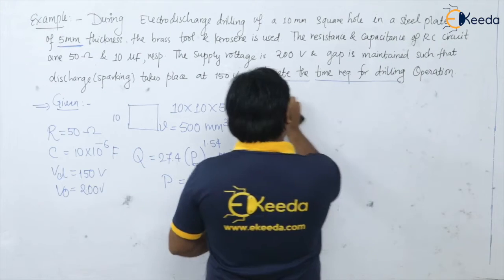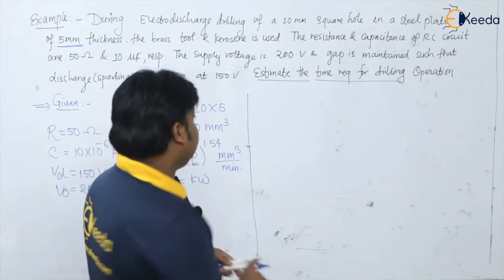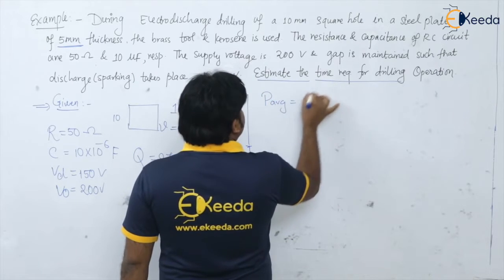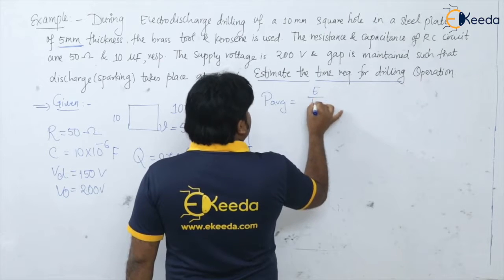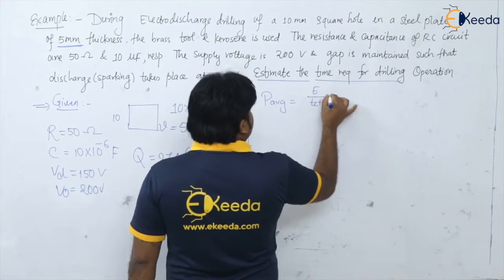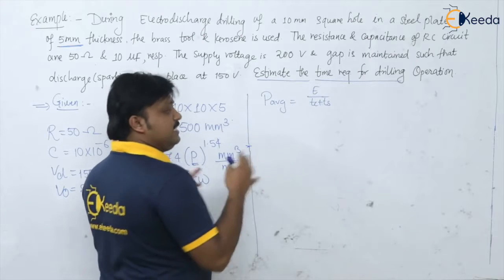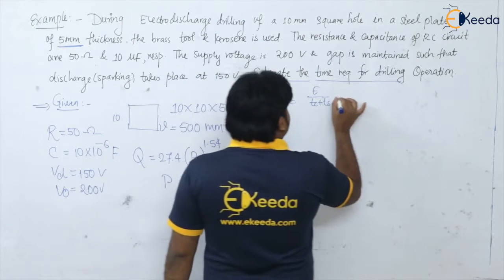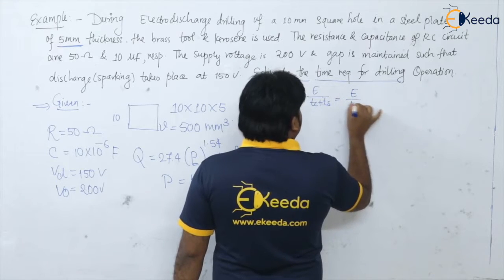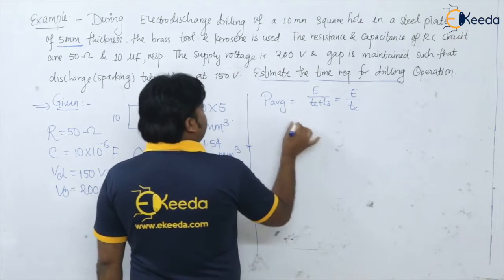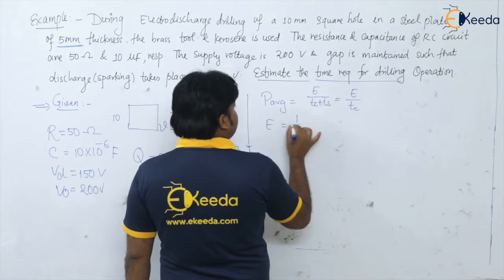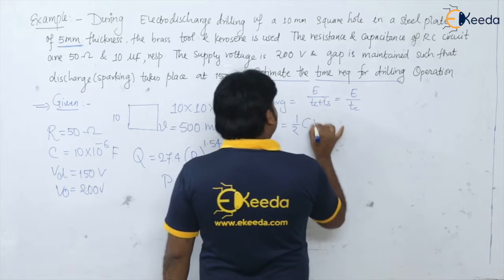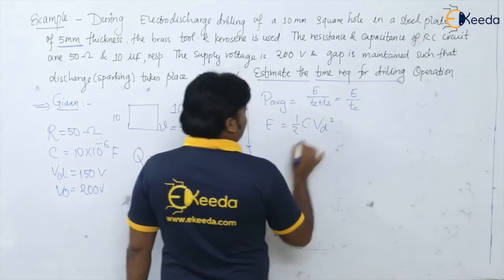Let us do that. So we know that, how do we find the power in EDM? P average is equal to what? This energy divided by Tc plus Ts. But Ts is negligible and nothing is mentioned about this sparking time. So we can write this equal to E divided by Tc. And how do we find the energy then? It is the energy released per spark, that is half into C into Vd square. So put the values.